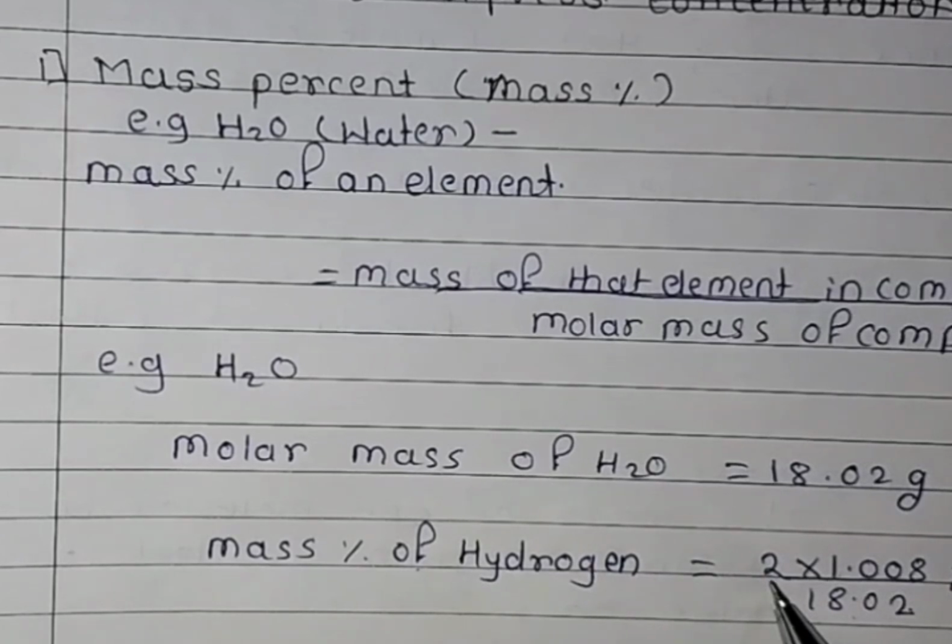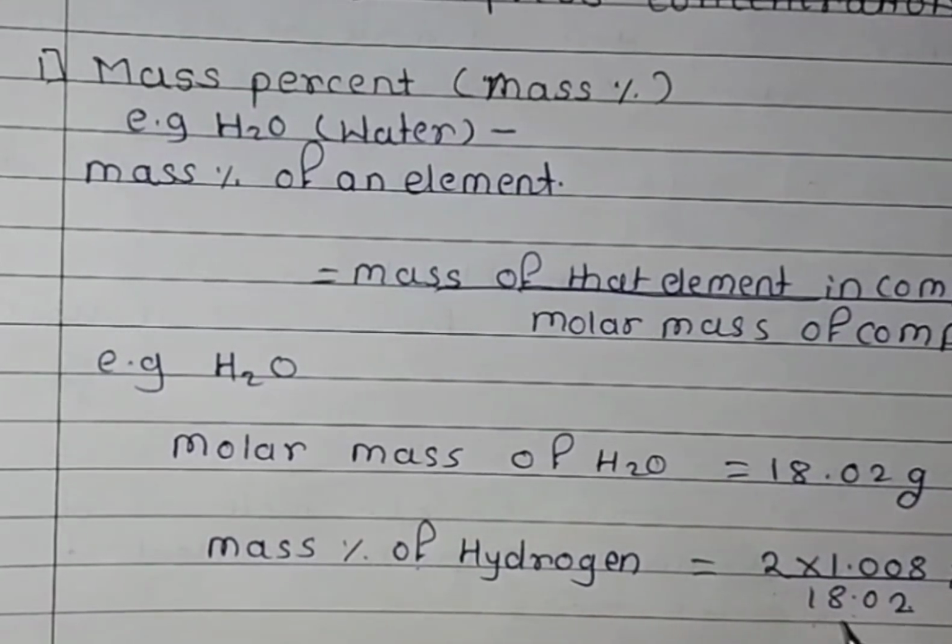Here 2 is for the 2 hydrogen atoms. The mass of hydrogen is 1.008, multiplied by 100 and divided by the molar mass of the compound, 18.02, which is equal to 11.18.